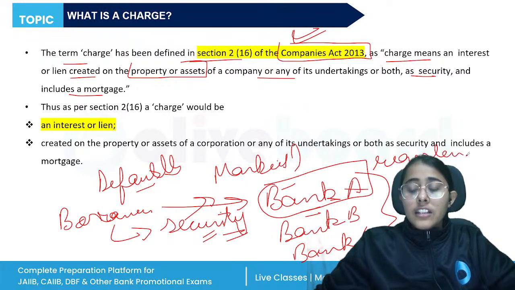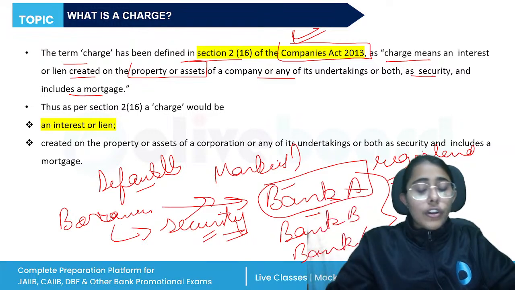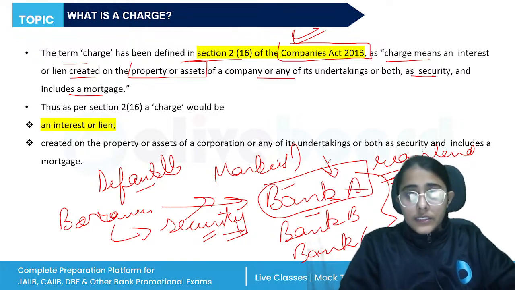When a charge is registered, it doesn't matter if the borrower gives the property as security to another bank or lender. If the charge has been registered, then the priority of repayment when it is marketed will go to the creditor who has gotten it registered, right? So this is the main aim of getting a charge registered.